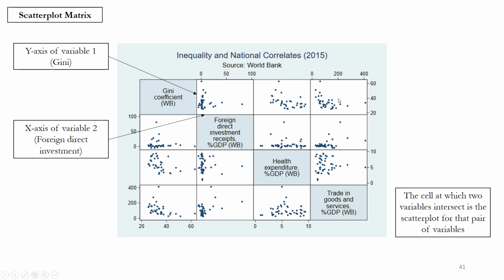So we see this one repeated here, trade in goods and services, and Gini, same one down here. So these are just mirrors of each other. Again, we can do this with any combination, not just with the outcome variable. We could look at the relationship between trade and health expenditure by looking at this plot, or the relationship between FDI and trade by reading across and up to this cell here.